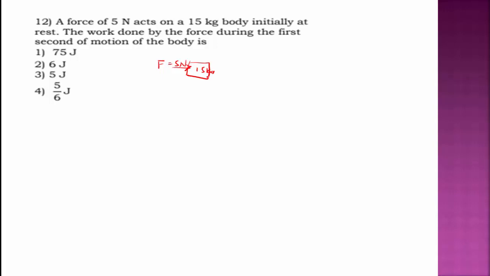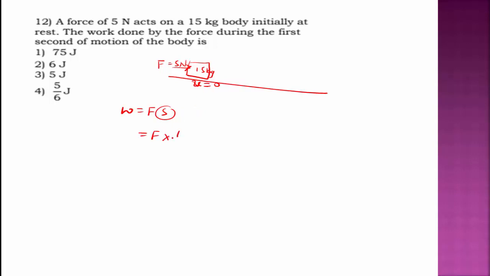It is initially at rest, meaning initial velocity u equal to 0. Work done by the force during the first second of the motion of the body is, we know the formula, W is equal to F into S. S is in the form of S equal to ut plus half at square. Initially it is at rest.